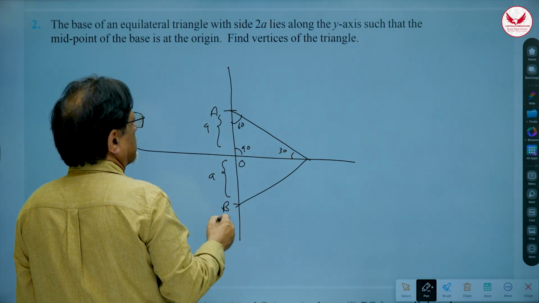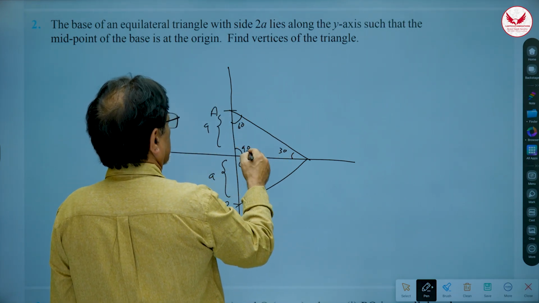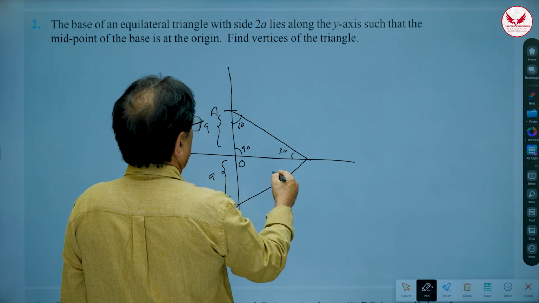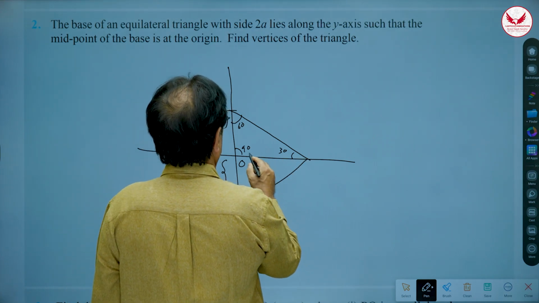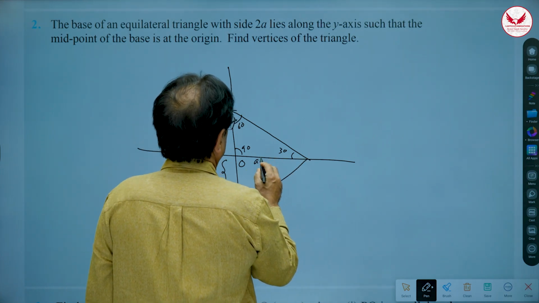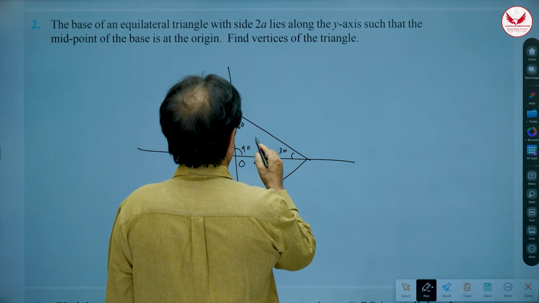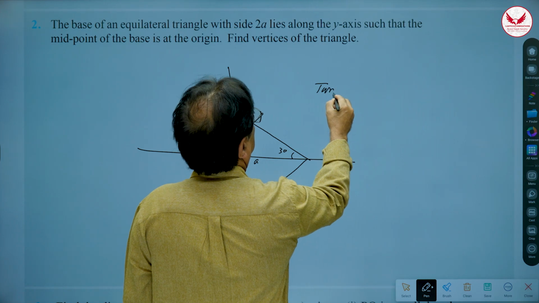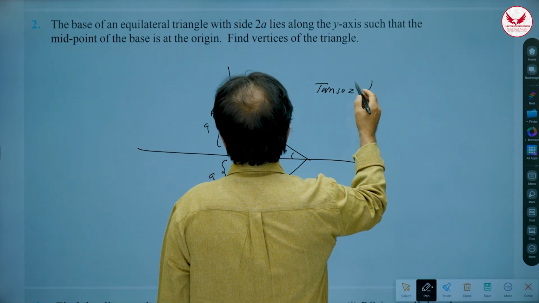So the line opposite 30 is A unit. So therefore, this side will be what? This is A, and what will be this? This will be equal to A tan 30. So that will be tan of 30 degrees. Okay, tan of 30 degrees is 1 upon root 3.